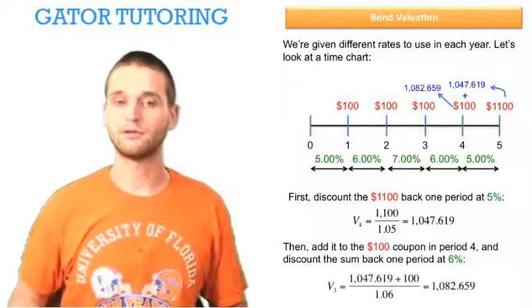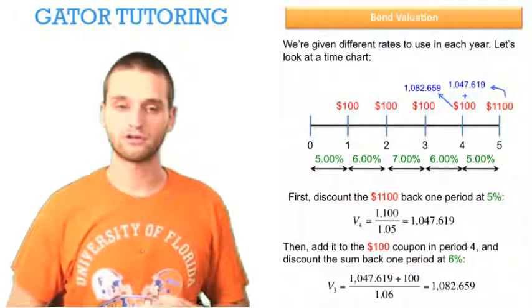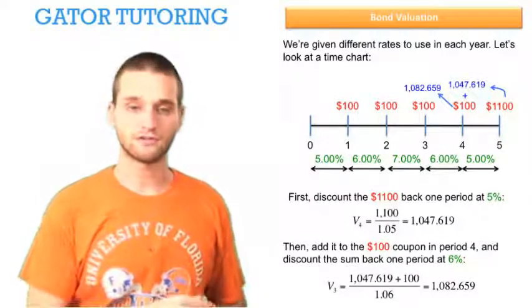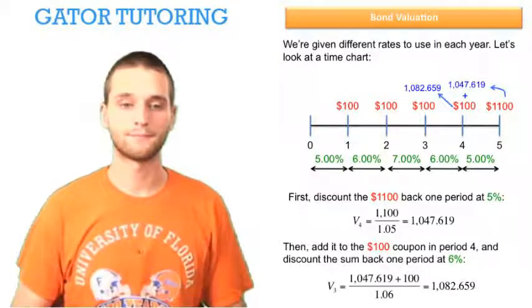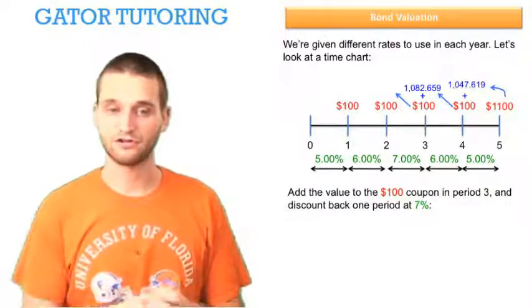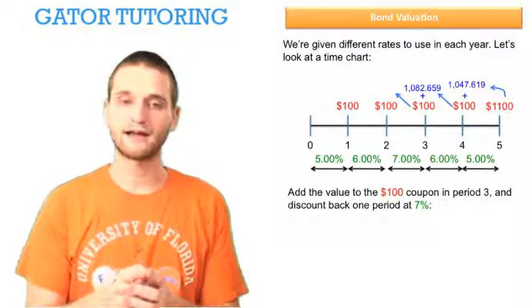So that's exactly what we do. We take the 1047 plus the 100, divide the sum by 1.06. Now we have all those cash flows in year 3, and that's the 1082.659.